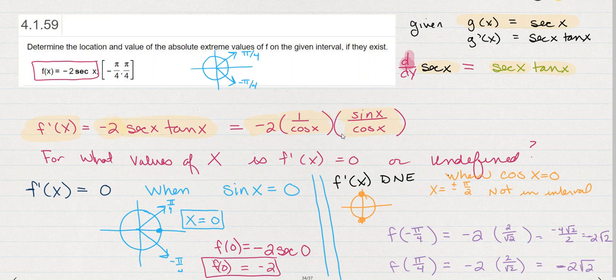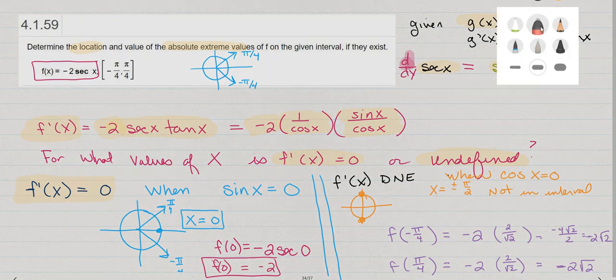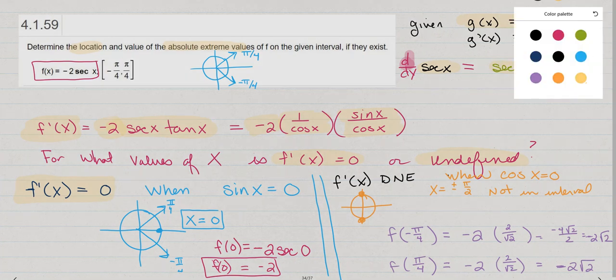So the question when we're trying to find the location, where is there an absolute extreme? The extreme is going to happen when the derivative is 0 or when the derivative is undefined. So let's start by finding when is this f prime of x equal to 0? Well, let me highlight what I'm referring to.